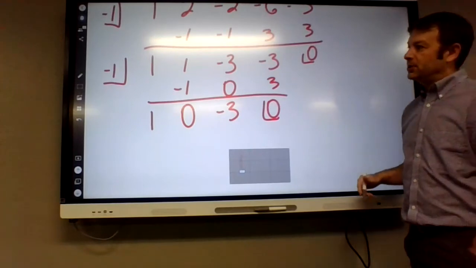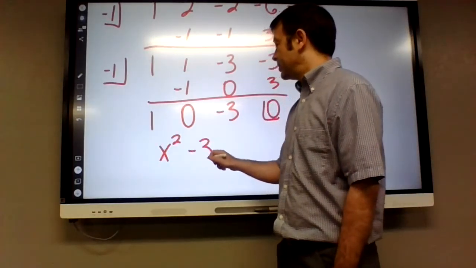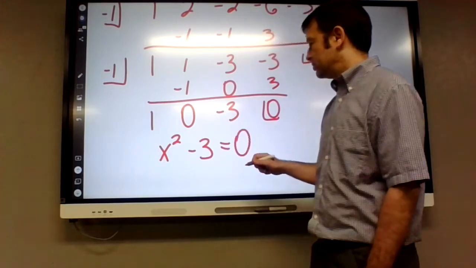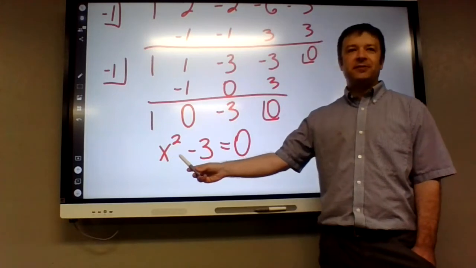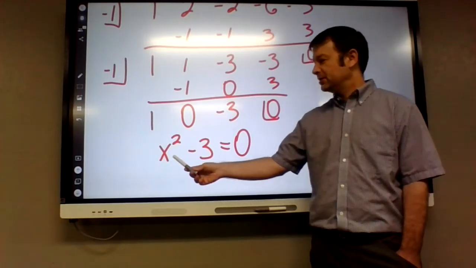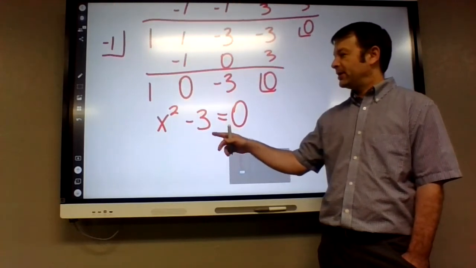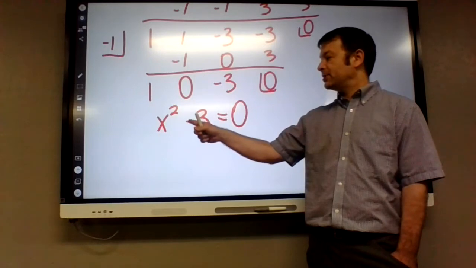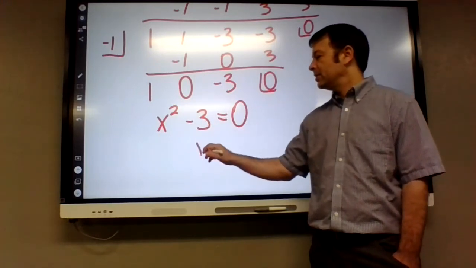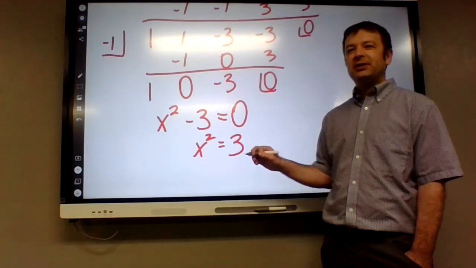Okay, negative 1 is a double root, and my leftover is x squared minus 3, which you might notice doesn't factor. So we could use quadratic formula, but it'd be much easier just to get x squared by itself since there's no x term. Just add the 3 over. If x squared equals 3, what does x equal?